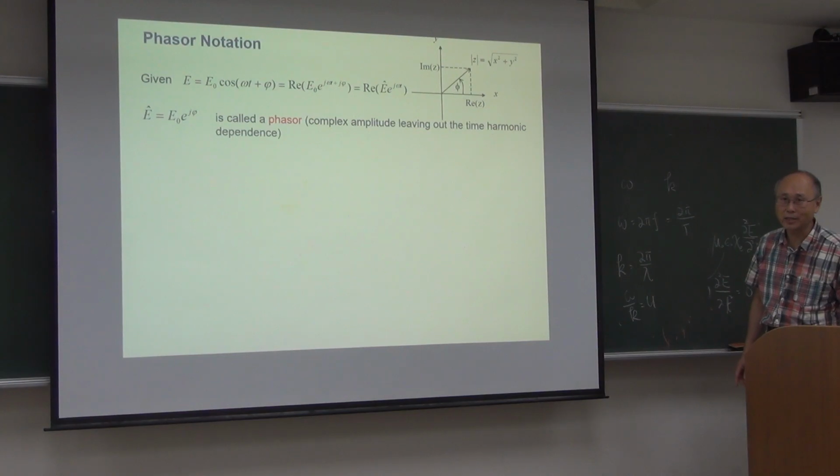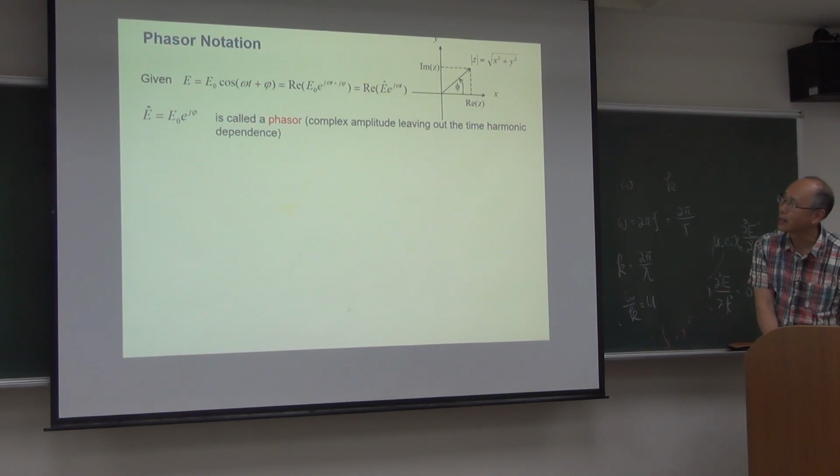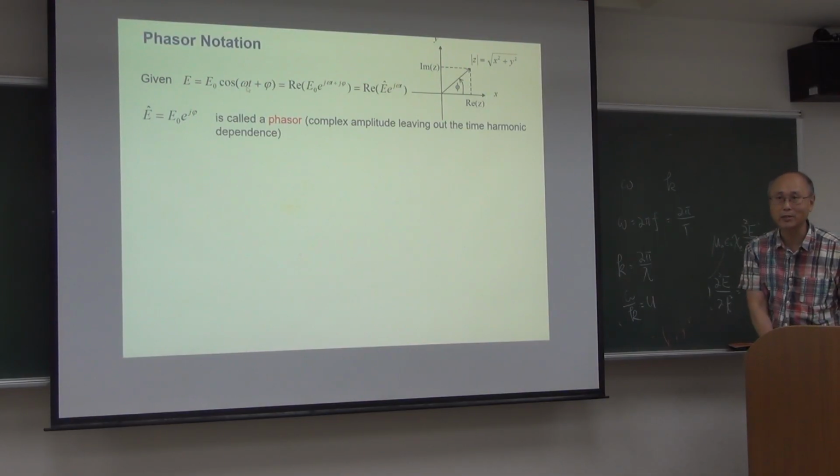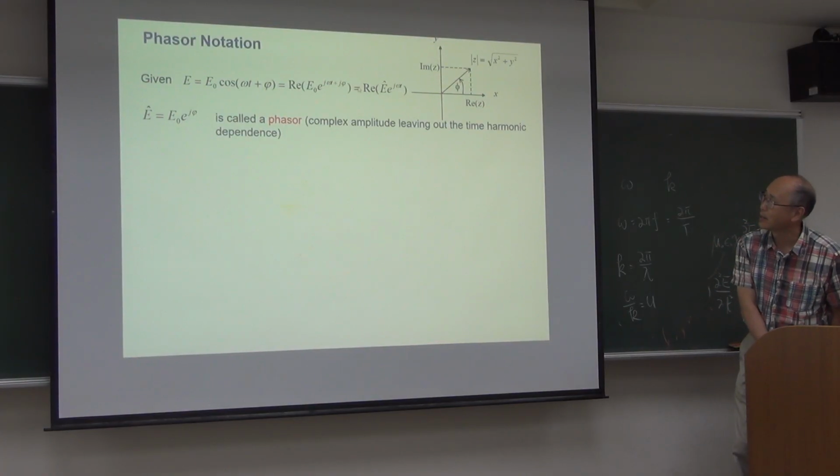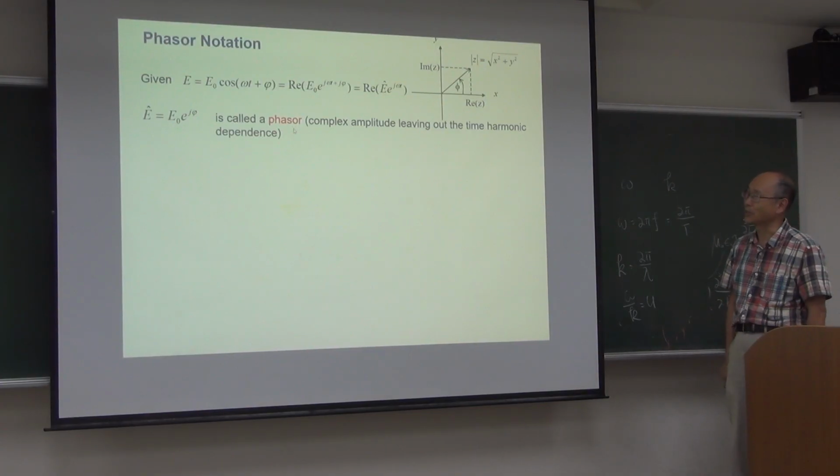The first thing is that if you have a harmonic wave, this means that the temporal variation of the wave is already understood. Okay, so we can extract the temporal variation into this term and leave the rest here. And this E naught is a function of position, and also the phase is called a phasor. Okay, it's called a phasor.